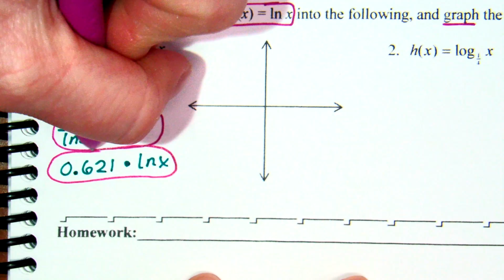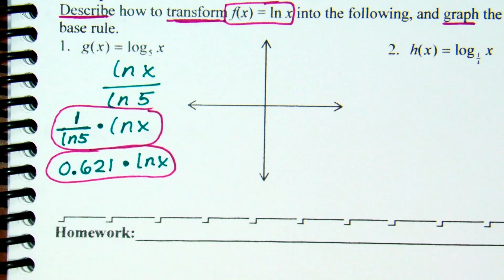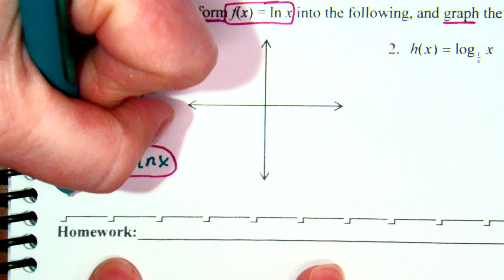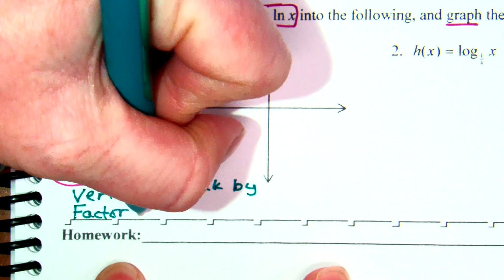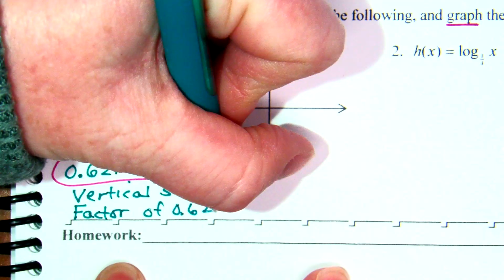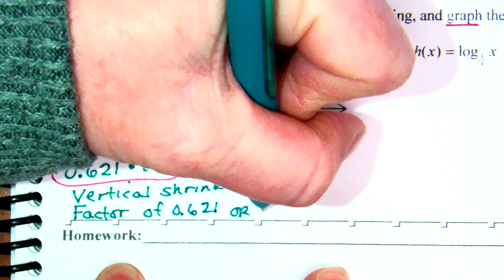Is that a stretch or a shrink? We can confirm it is a shrink. So my transformation is a vertical shrink by a factor of 0.621, or a factor of 1 divided by natural log of 5.